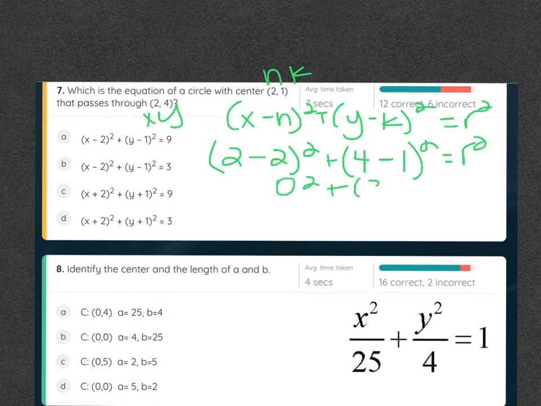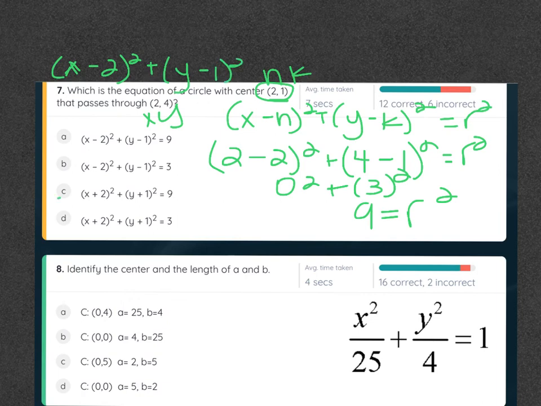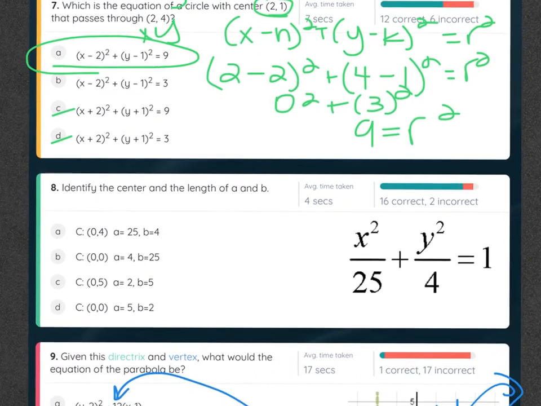This is 0, 3, so 9 equals r squared. When I look at the choices, I will need my center to be 2, 1, which means x minus 2 squared plus y minus 1 squared. That eliminates the bottom 2, and then the radius is 3, so the equation is 9.